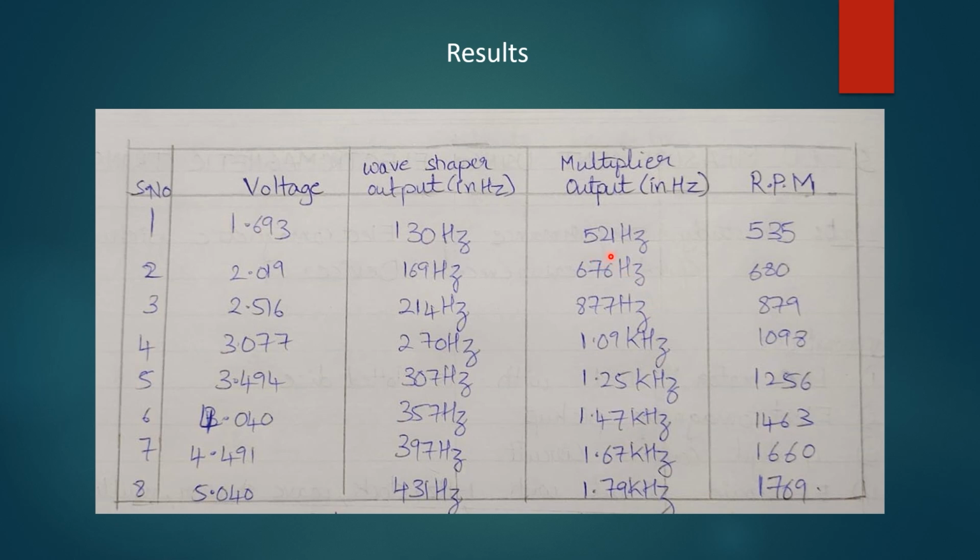Here we can see it's 521 and 535, and the last is within 1.7 percent. This small error is because of human error, and generally it needs to be similar to the RPM. This is why we take the 4 times multiplier output, so that we can directly measure the RPM.